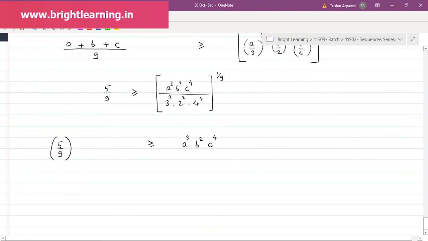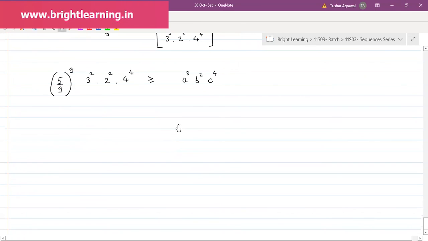And this denominator which was there on the RHS, I will multiply it over here. So this will be 3 cube, 2 square multiplied by 4 to the power 4. No need to calculate these values.